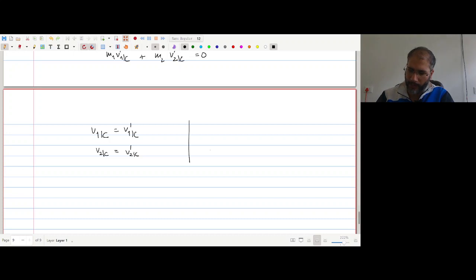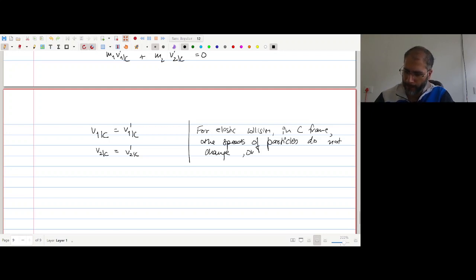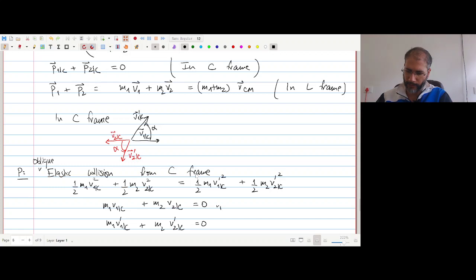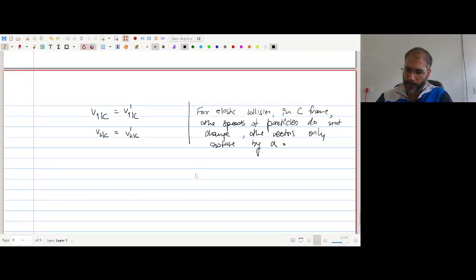So we summarize. They only rotate, and we already showed that the angle of rotation or deflection is alpha in the C frame. So their length will not change.